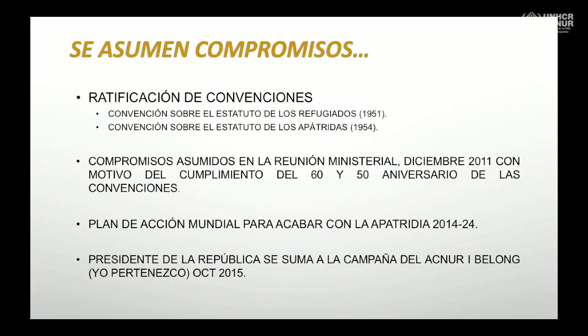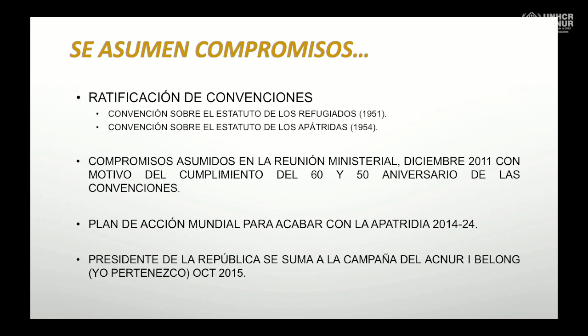Costa Rica is a country where human rights has always been ahead of all. We have ratified all of the conventions related to human rights. As a matter of fact, the Convention for Refugees and the statute on the stateless have been ratified since 1977 in our country.